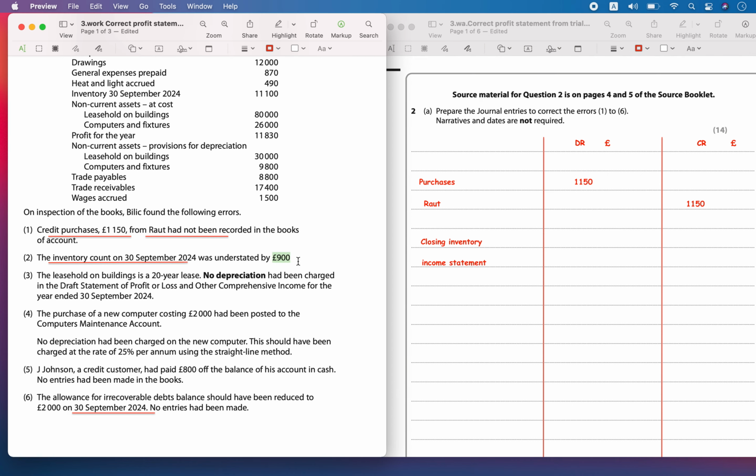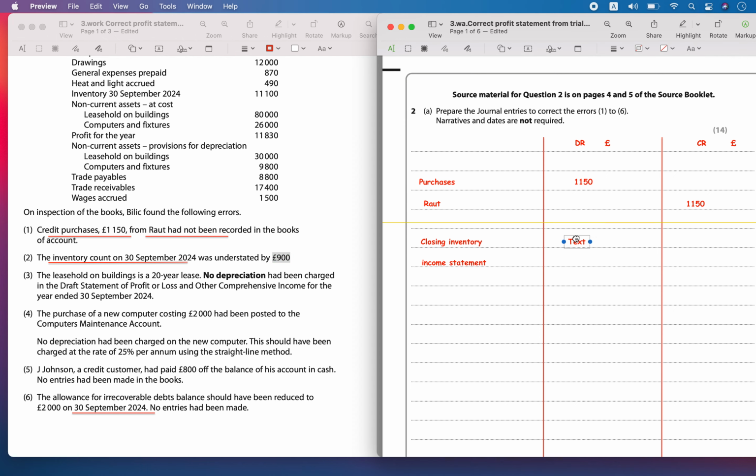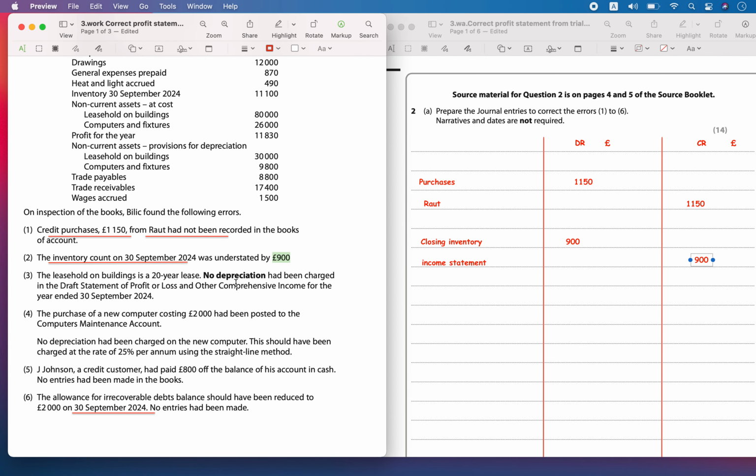Closing inventory was understated by 900, so you have to include more in the closing inventory, and in the income statement it will appear on the other side. So this is 900 closing inventory debit, and in the income statement it's going to appear as a credit.